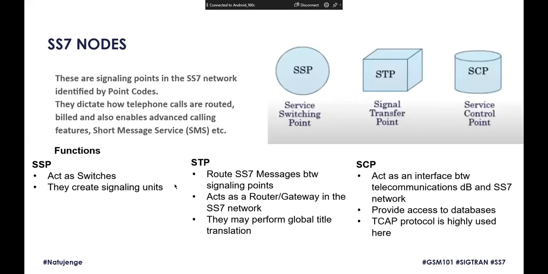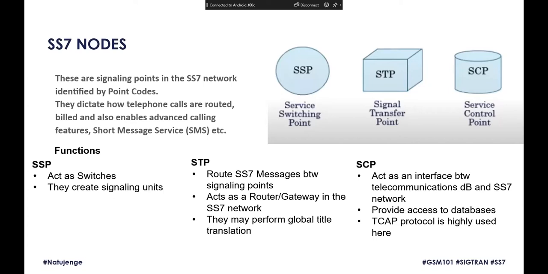SS7 has what we call nodes, and these nodes are basically signaling points in the SS7 network. These nodes are the service switching point, the signal transfer point, and the service control point.